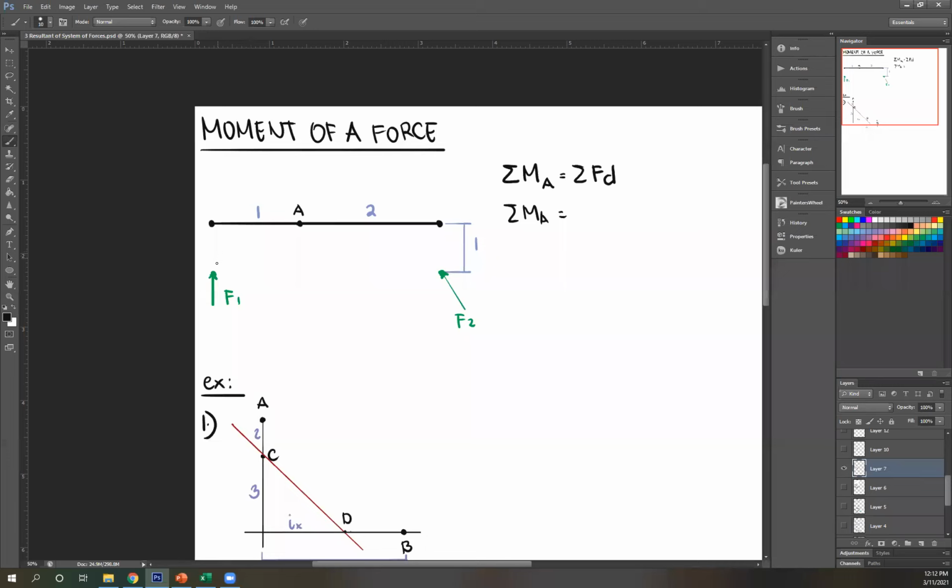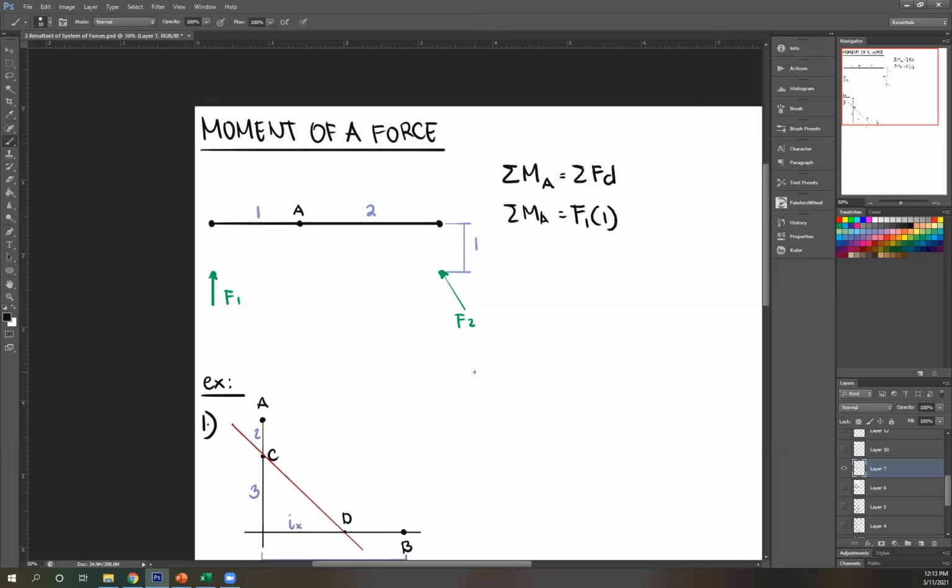For F1, this is upward. If you rotate it about A, it's going to look like this, and that is clockwise motion. How do I know it's this way? Because if I go this way, that doesn't make sense, I change direction. So it's this way, clockwise, therefore positive. So positive F1 times perpendicular distance 1.